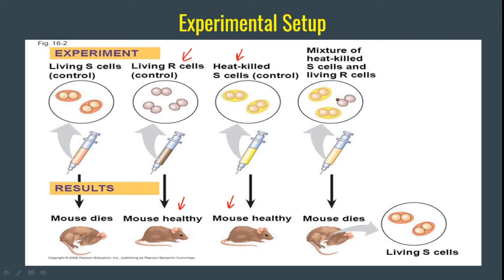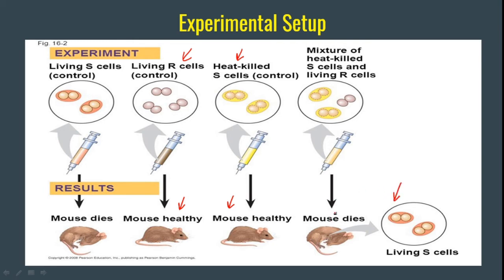After injection of the mixture, the mice died, indicating that some sort of information has been passed from the dead S strain to the live R strain. Further, blood sampling of the dead mice showed that live S strain bacteria were present in the blood.